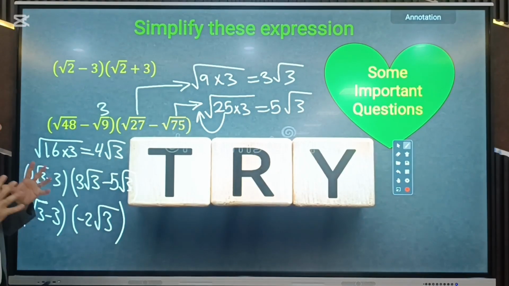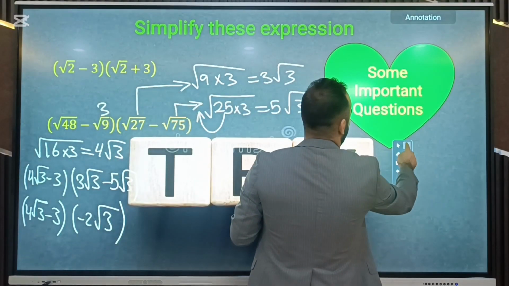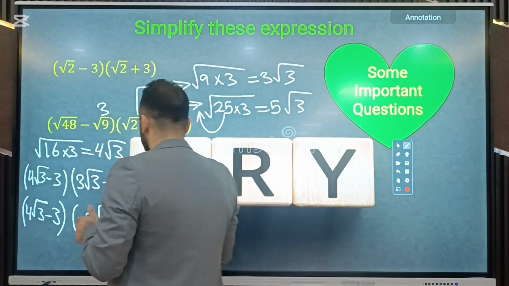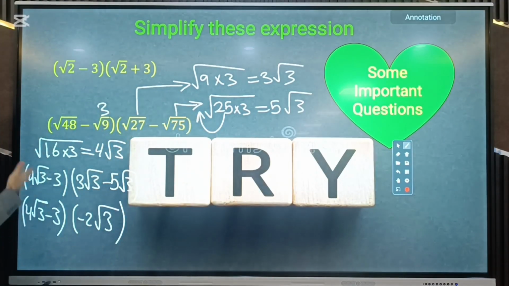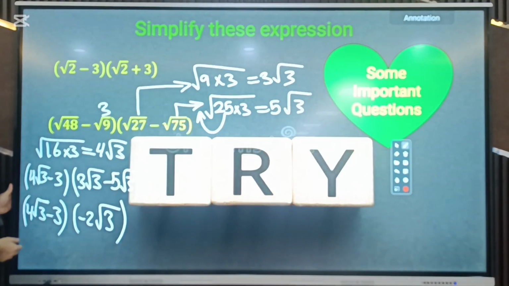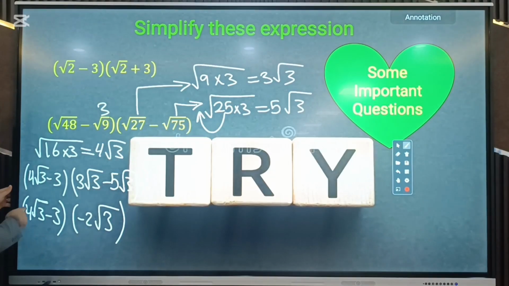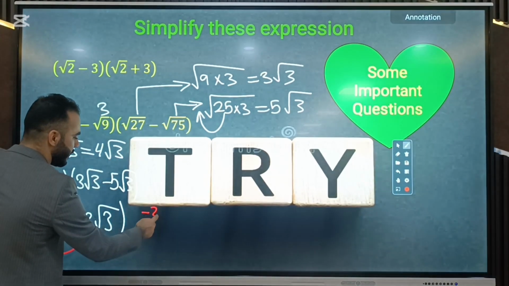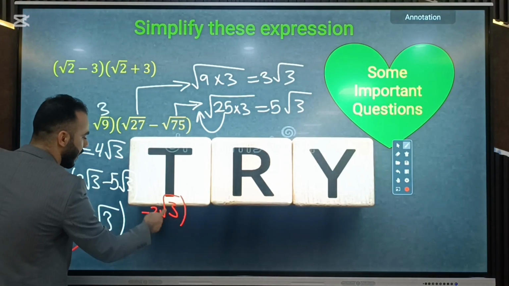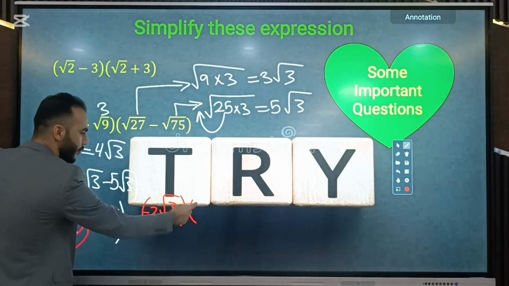Now, the distributive property says that we need to distribute that term into each one of these two terms in this bracket. So negative 2 square root of 3 times 4 square root of 3, and negative 2 square root of 3 times negative 3. So let's just do it. First of all, negative 2 square root of 3 times 4 square root of 3.